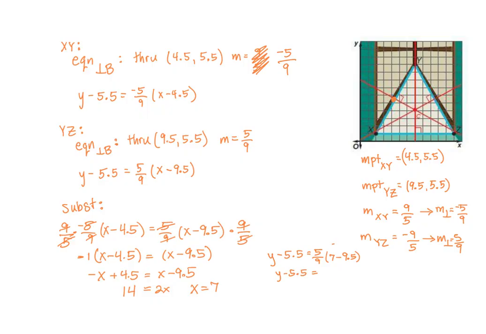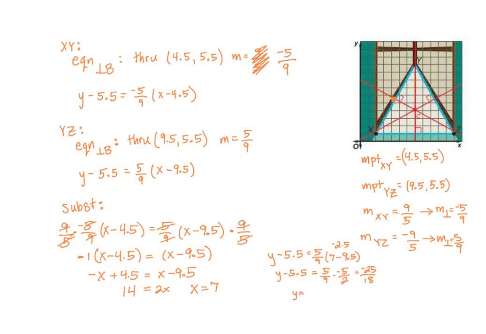So this comes out to a negative 2.5, which is the same thing as negative 5/2. And that simplifies to negative 25 over 18.